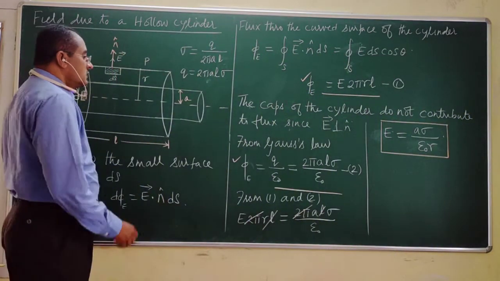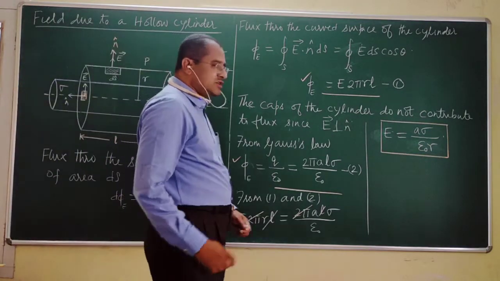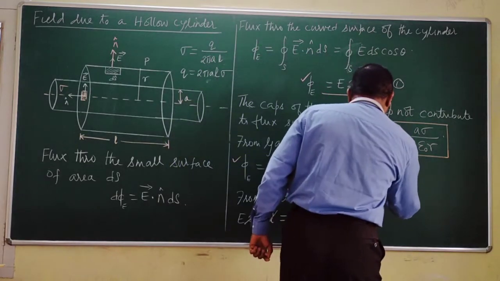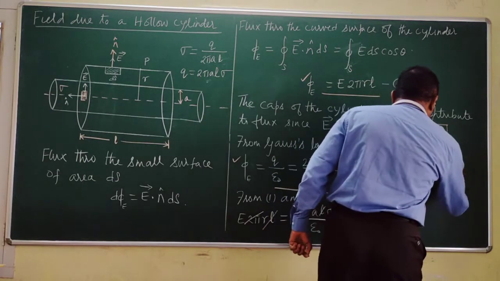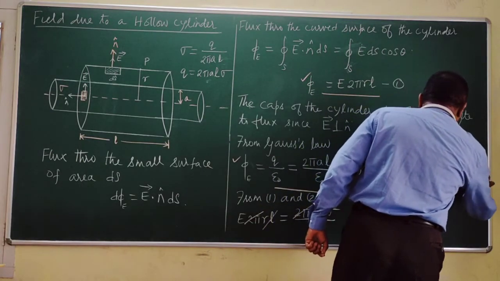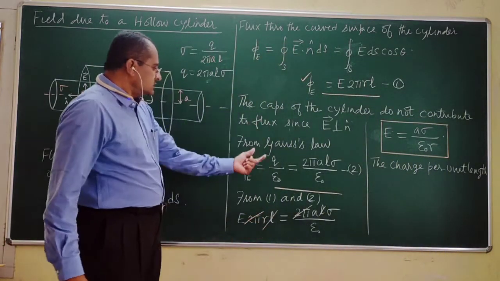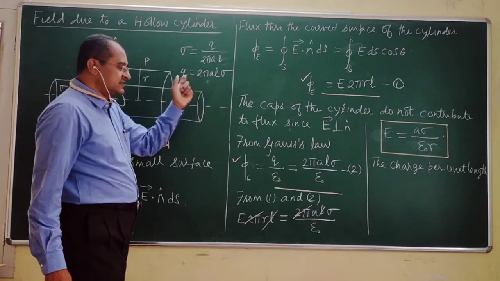Now, we can try to modify this expression. We will find out what is the charge per unit length. If I write charge per unit length, the total charge has to be divided by its length.